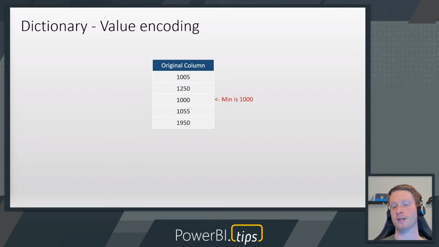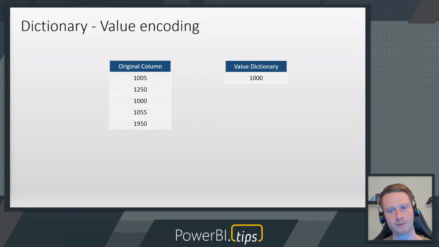It looks through and says, I can see in my column the minimum is 1,000. With my goal to make the number of characters less, I can take 1,000 away, because that's the minimum value, so that's the most I can take away without anything being negative. So what if I take that away from everything?